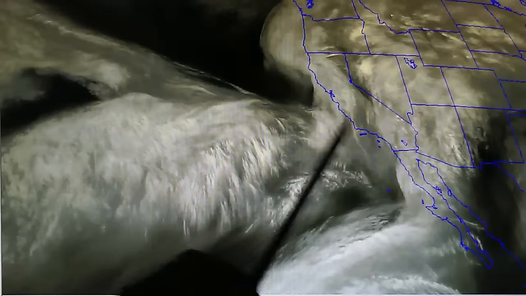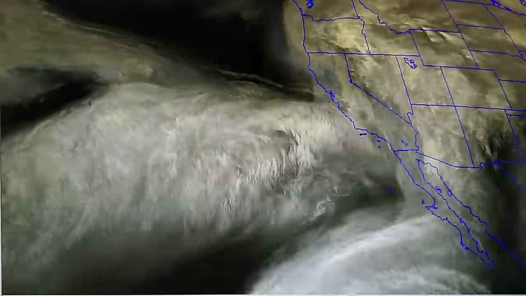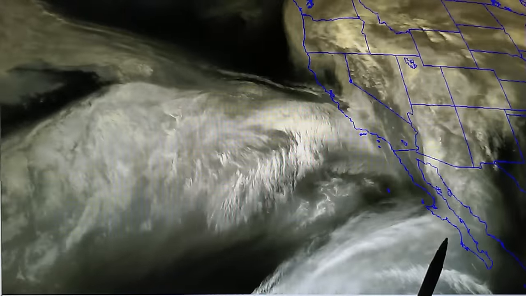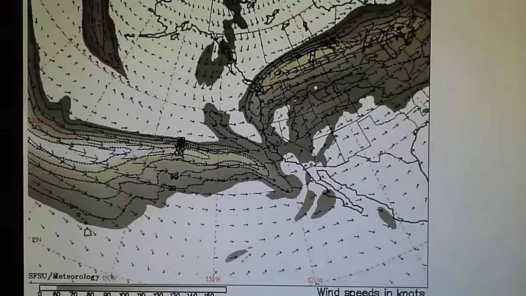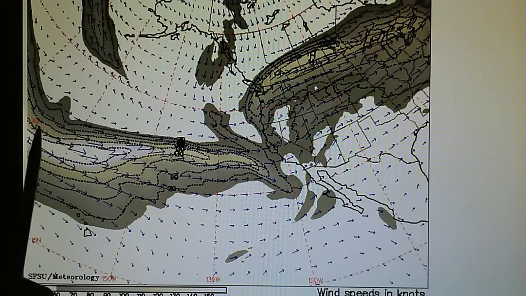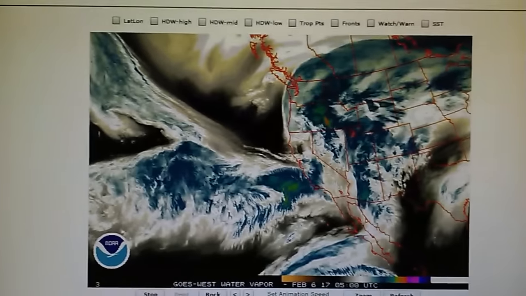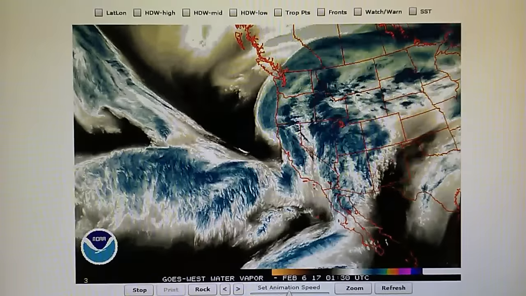This is all being sprayed, and that's why we're not getting much rain. And of course, here's the jet stream map. Ideal conditions for delivering rain right here. And here we are at the western U.S. water vapor map once again.